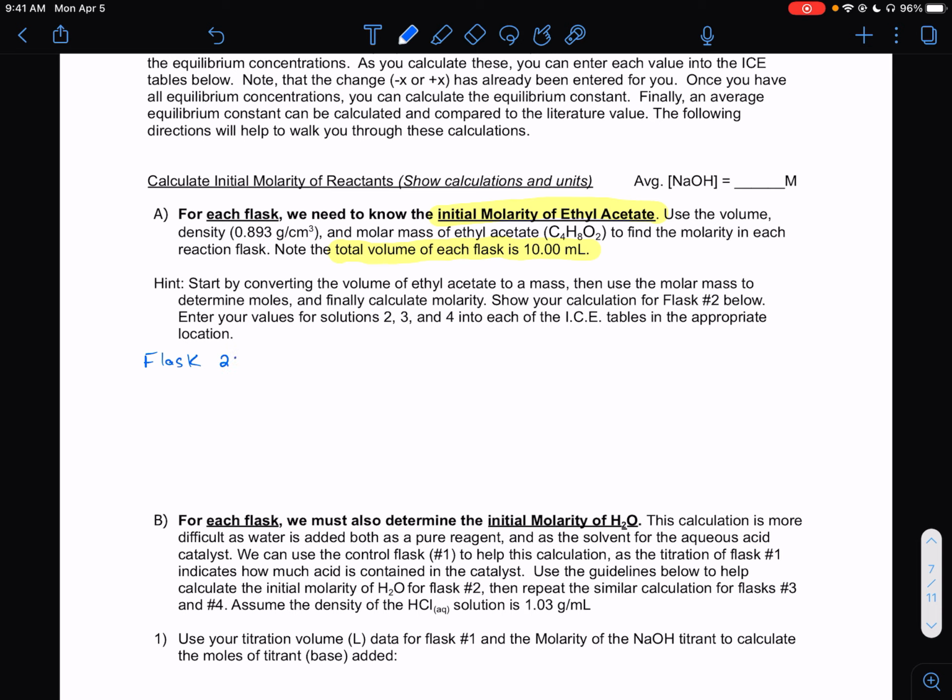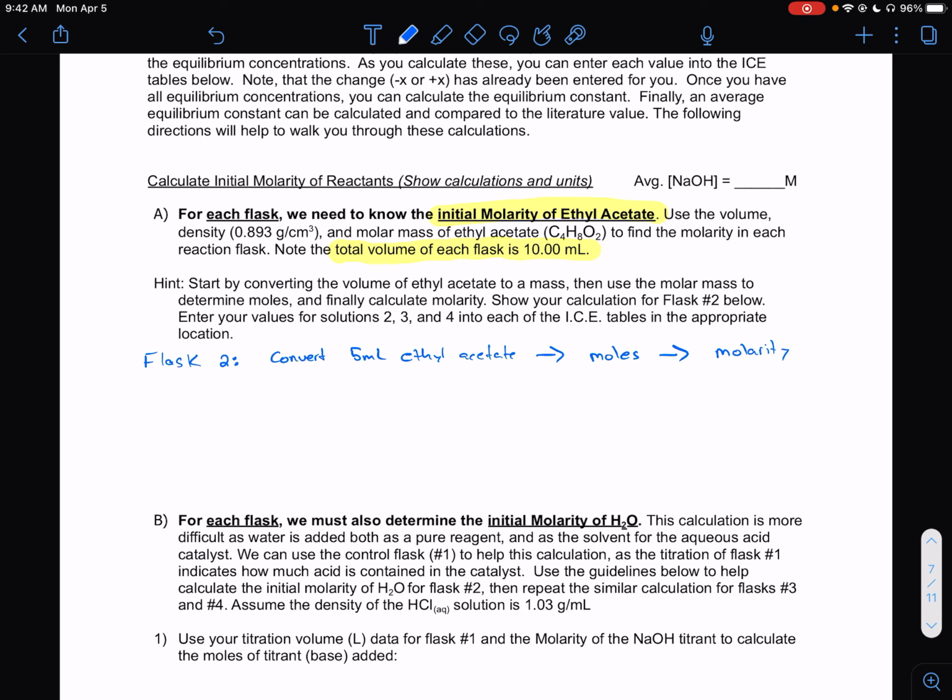For flask 2, we want to convert 5 milliliters of our ethyl acetate into moles, and then from moles, get to our molarity in the flask.